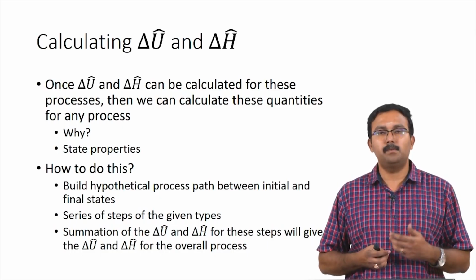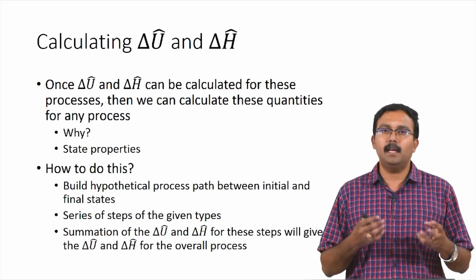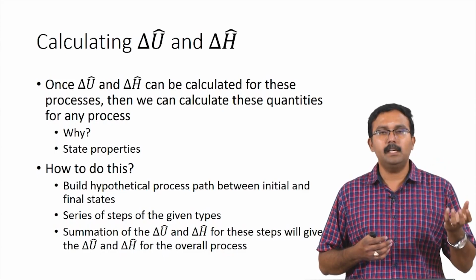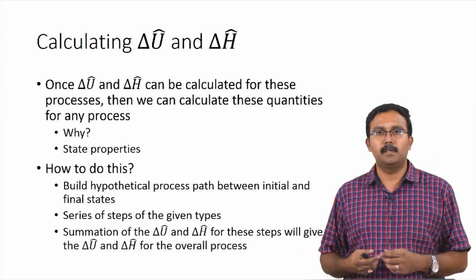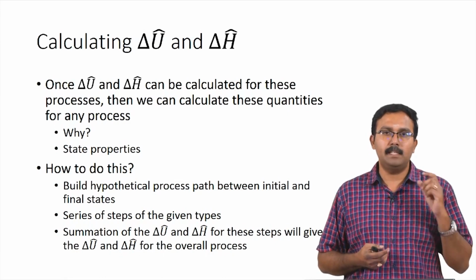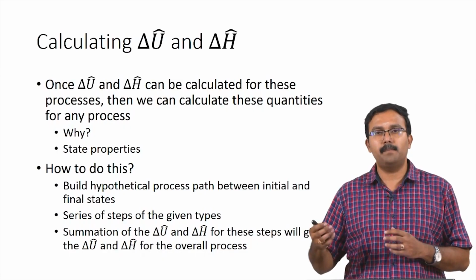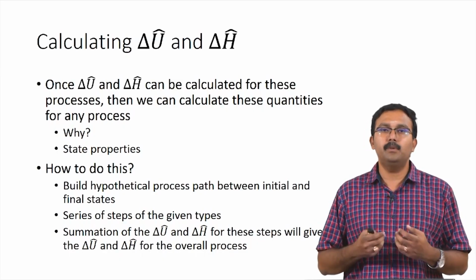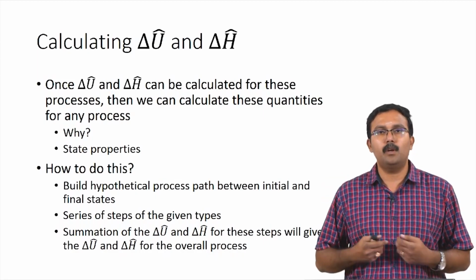So, each of these steps will follow this rule, and we will have a series of steps so that the initial condition finally reaches the final condition through these smaller steps. The change in enthalpy for these individual steps are calculated, and the summation of the change in enthalpies for all the steps will give you the total change in enthalpy or internal energy for the true process which you are looking at.